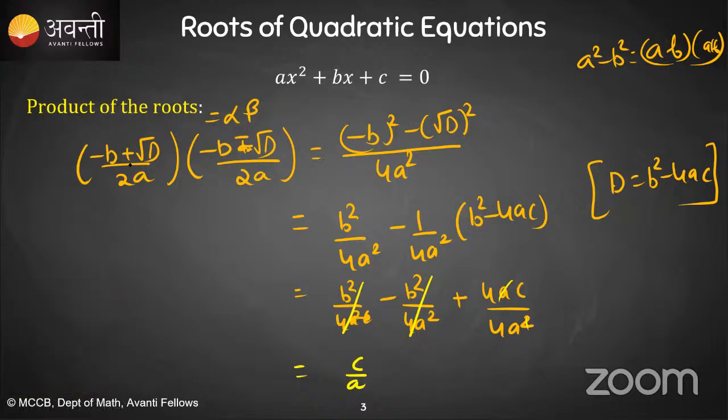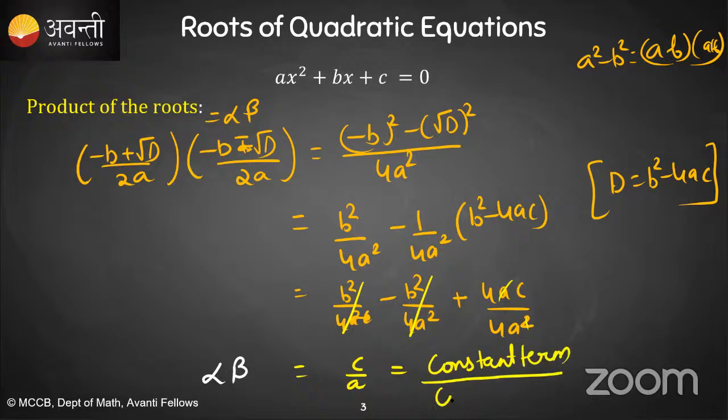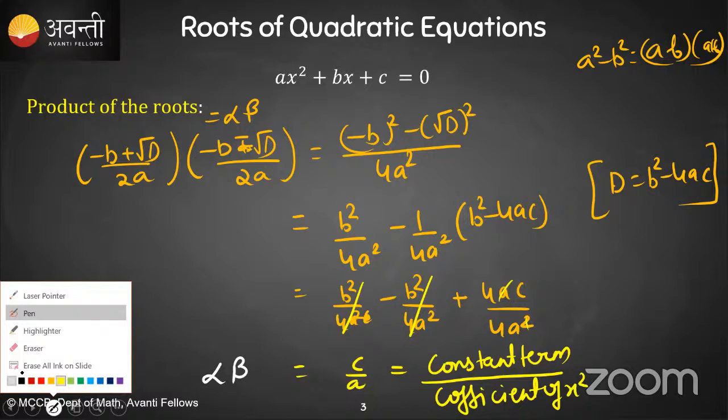Product of roots, हमें पता था product of root क्या है, minus b plus root d divided by 2a into minus b minus root d by 2a, d की value put कर दी, and we got finally c by a. So it means alpha into beta is c by a, which is constant term divided by coefficient of x square. Is this clear?